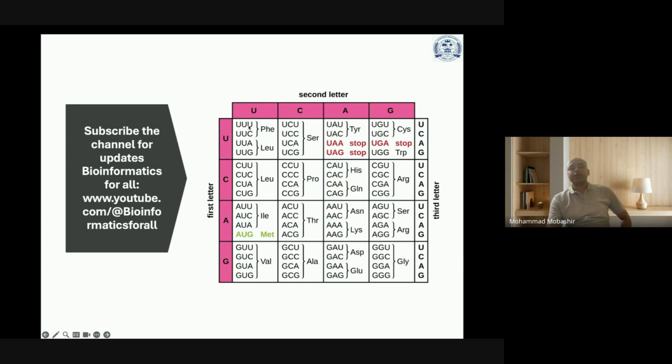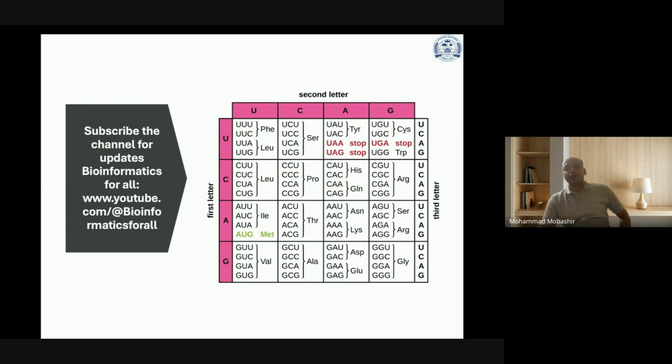So you basically mix them up, and their combinations are 64 combinations. And out of 64 combinations, you can see that 61 combinations are coding for the amino acids, out of which 60 are normal amino acids, while one, AUG, is considered as a start codon, which codes for methionine, and then the three codons are for stop codon, that means a stop signal.